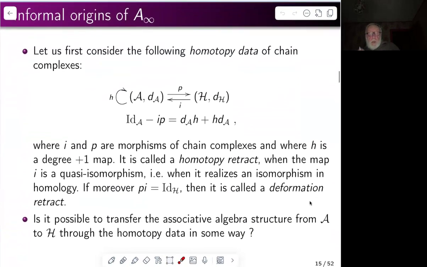Now, let's try to understand informally this formal definition.